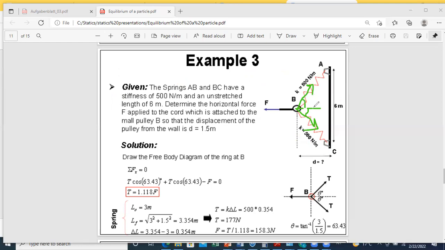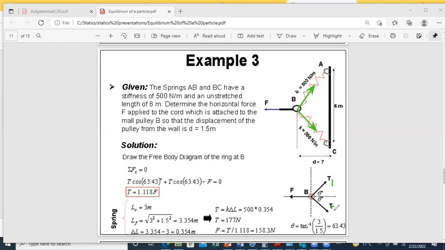The angle here is equal to this one. So you have a positive projection for T1 and a negative projection for T2. So when you write sum of Y equals 0, this is T1, this is T2, and as you can see here, the angle with the horizontal is the same.